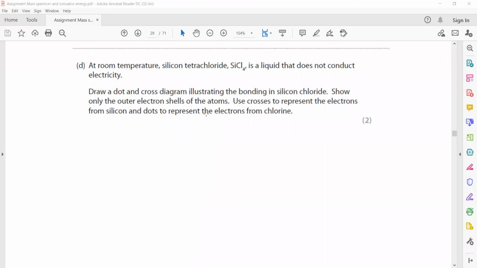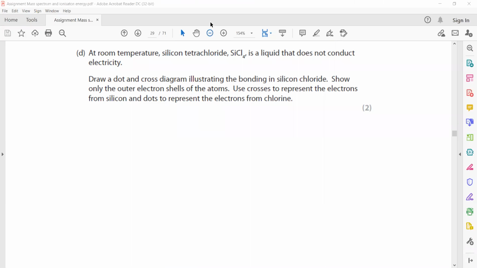At room temperature, silicon tetrachloride is a liquid that does not conduct electricity. Draw a dot and cross diagram for silicon tetrachloride. Silicon belongs to group 4, so it will share 4 electrons. Chlorine belongs to group 7, it will share 1, and there will be 6 unshared electrons for chlorine.